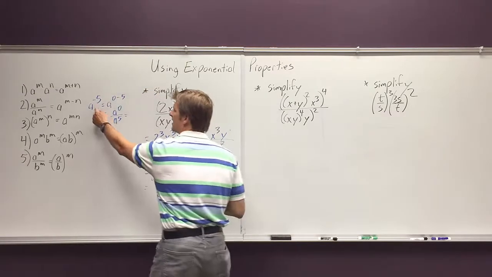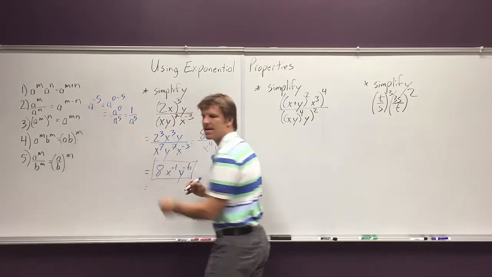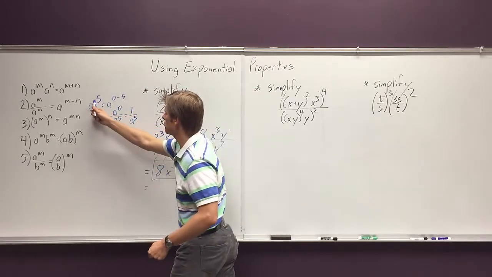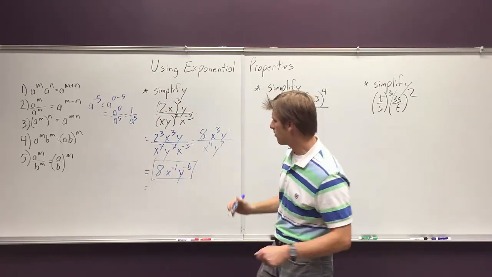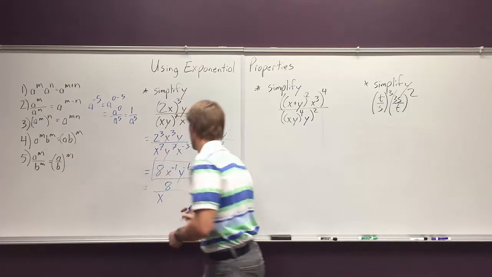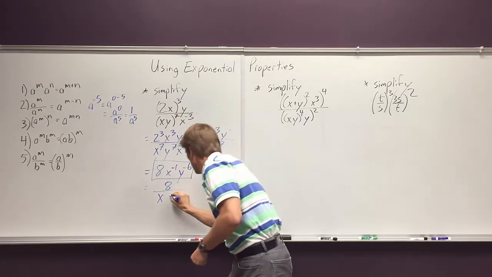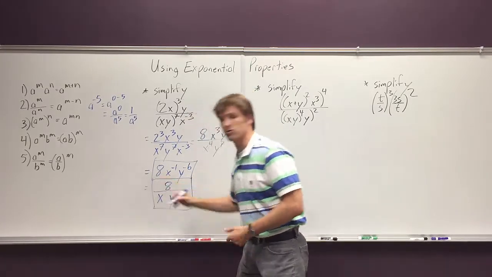In other words, a to the negative 5 is 1 over a to the 5th power. So if you see a negative sign there, this rule tells you you can write that as 1 over a to the 5th. So when I see a negative 1 there, I could write this as 8 over x to the 1st power over also y to the 6th. So this would be an appropriate answer as well.